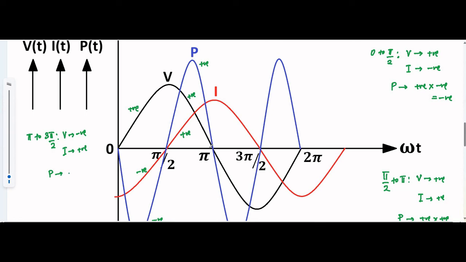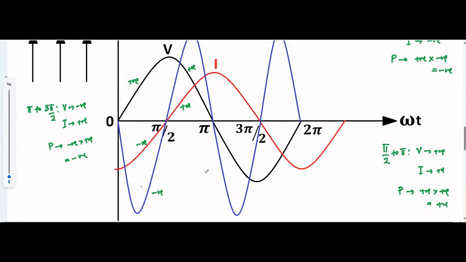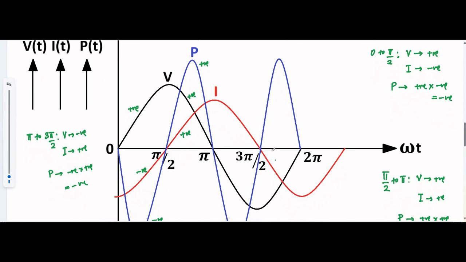So power will be negative into positive, which is negative. That's why from pi to 3 pi by 2, the power curve is in the downward direction, negative. Magnitude wise it is the same in both upward and downward direction, but depending upon the sign or the direction of the voltage and current waveforms, the direction or sign of the power curve is changing.